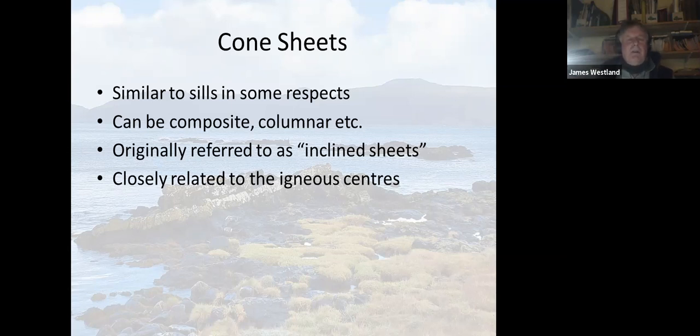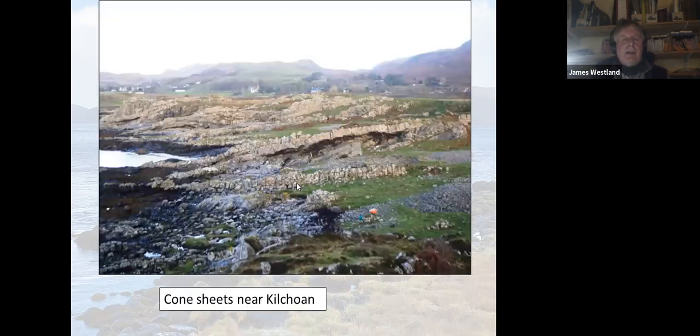But it was the writers of the Mull memoir in the early part of the 20th century who coined the phrase cone sheets. The word cone sheet came from the survey work that was done in Mull, although they were first identified in Skye. And they're very closely related to the igneous centres, where all the activity is taking place.